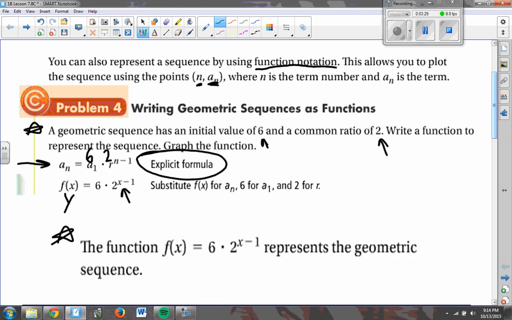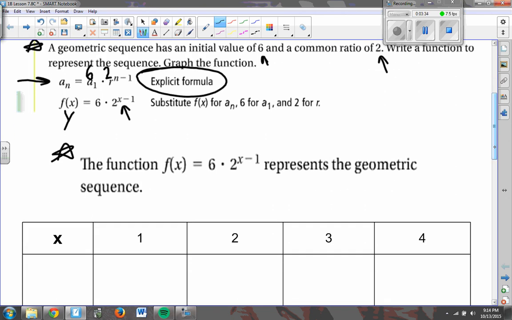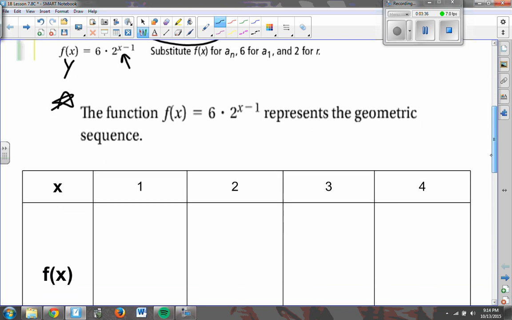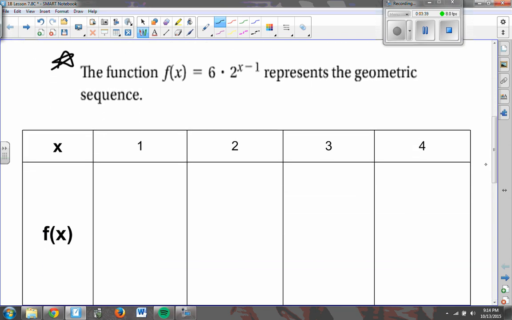So if we want to graph that function, then we just need to make a table of values, and then we'll graph it. To begin, if x is equal to 1, f of 1 is equal to 6 times 2 to the 1 minus 1. Now, 1 minus 1 we know is equal to 0.